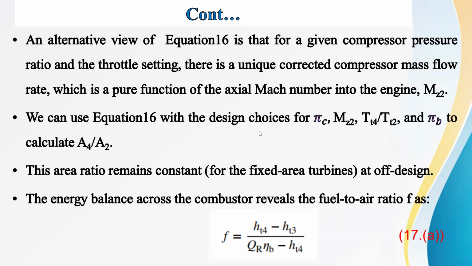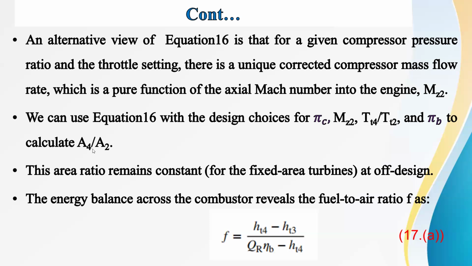Just choosing an appropriate value of pi C, the compressor pressure ratio, the actual flow Mach number at the turbine entry, the throttle condition TT4 to TT2, and pi B, the pressure recovery, we can calculate the area ratio, area of 4 by area of 2.